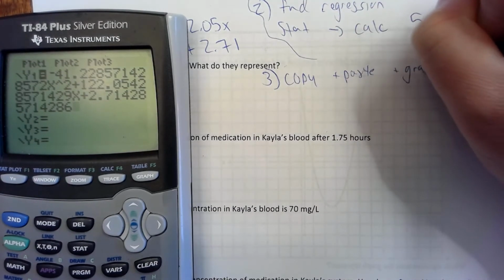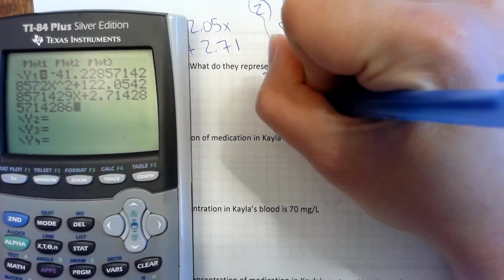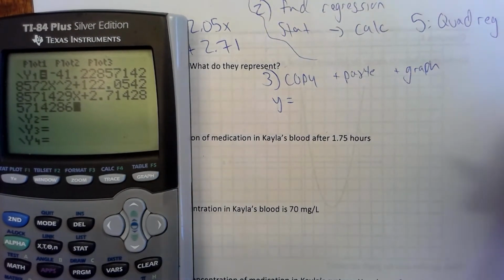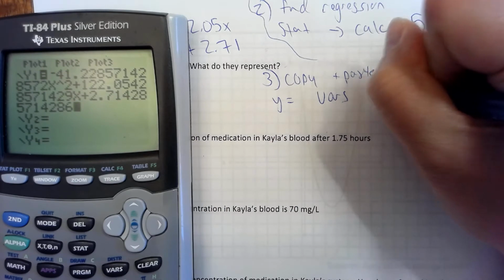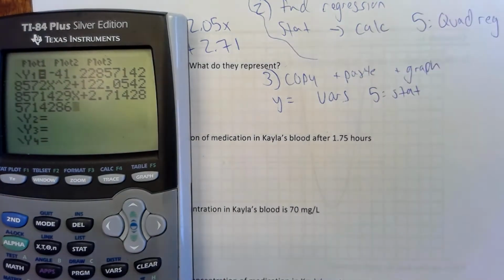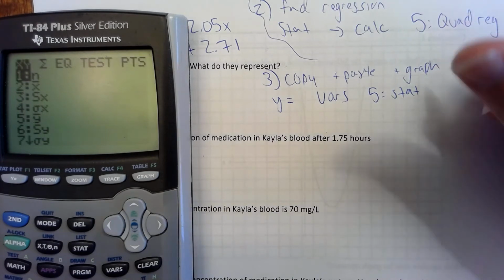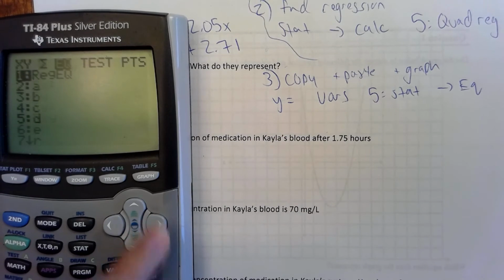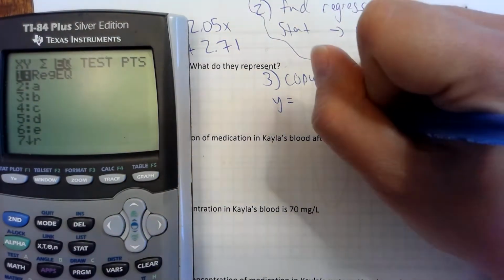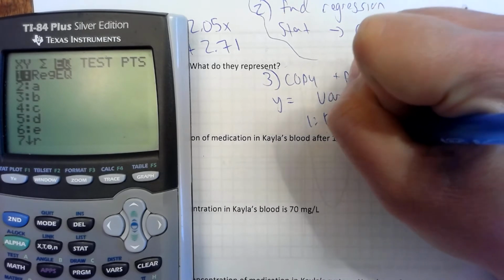and graph. The graphing part's easy because you just hit graph. But so I went y equals, that's where we put our equations in, and then this is my copy and paste part. I went vars, 5 for statistics, over to EQ, and then 1 for reg EQ, regression equation.